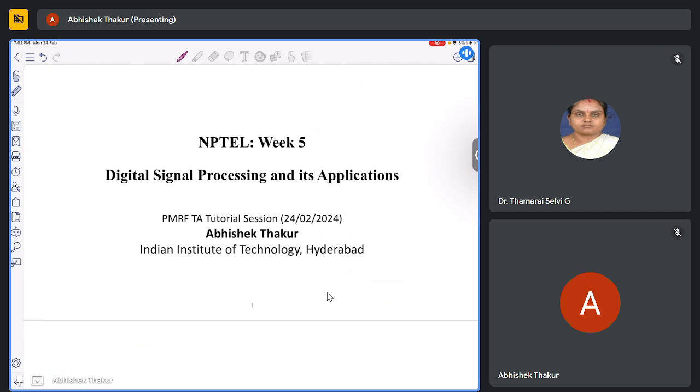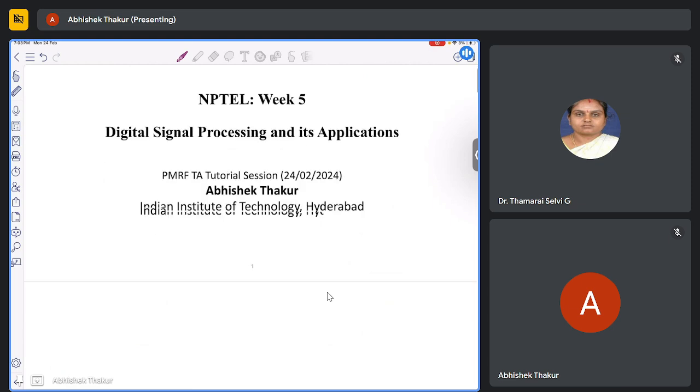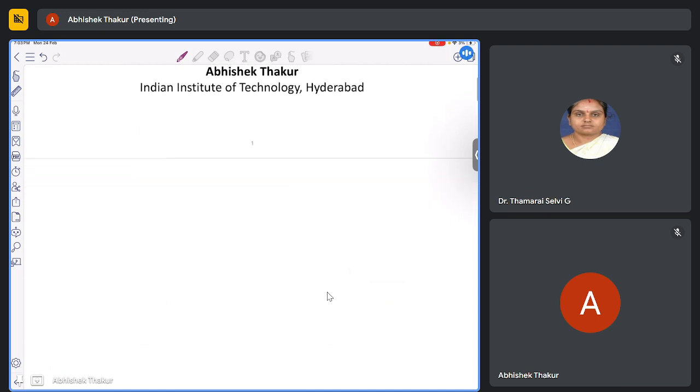So the Z transform is the discrete time counterpart of the Laplace transform. What we study for the continuous time domain, the frequency domain analysis of discrete time systems, allows us to represent any signal x[n] as the sum of exponentials of the form z to the power of n. So we'll see the equation.